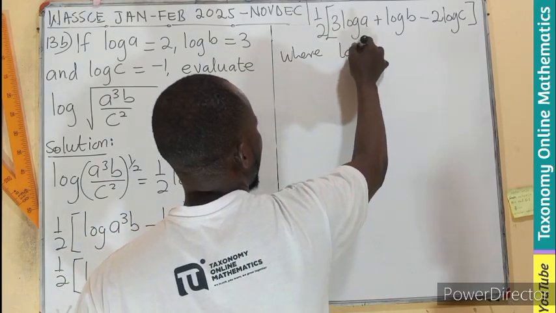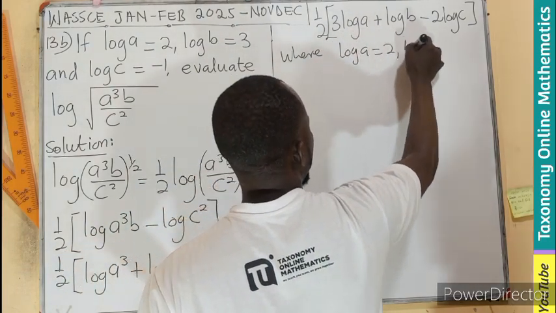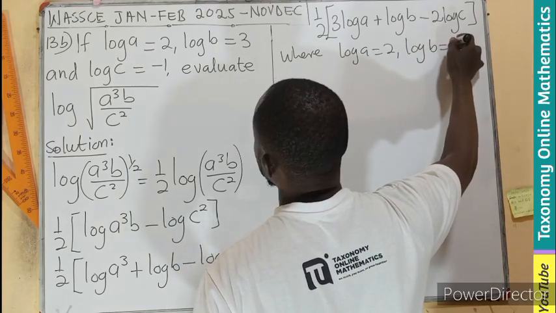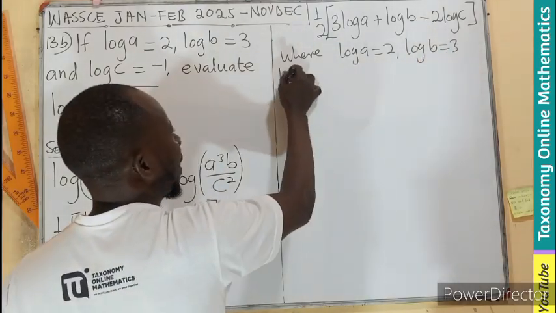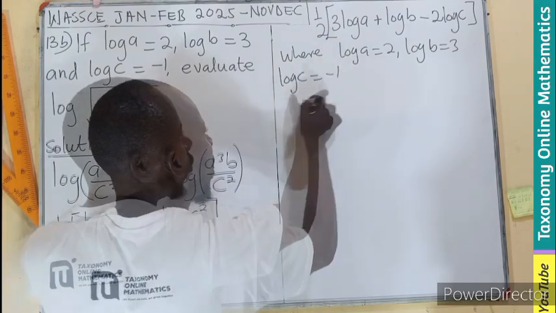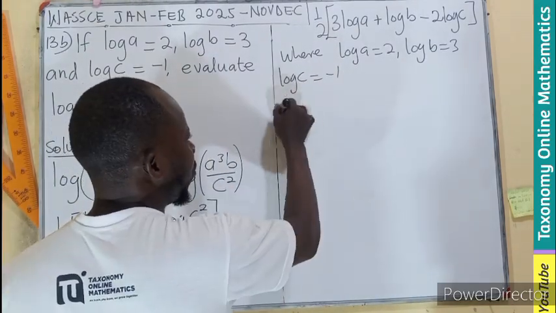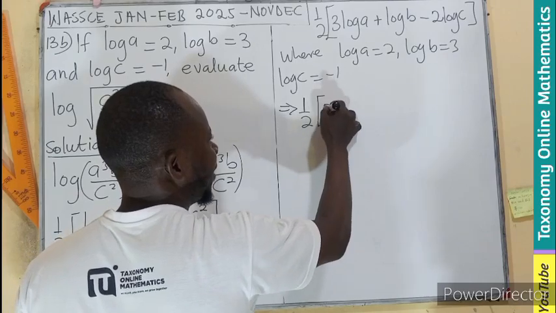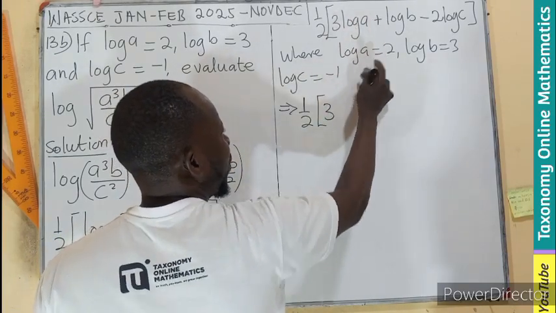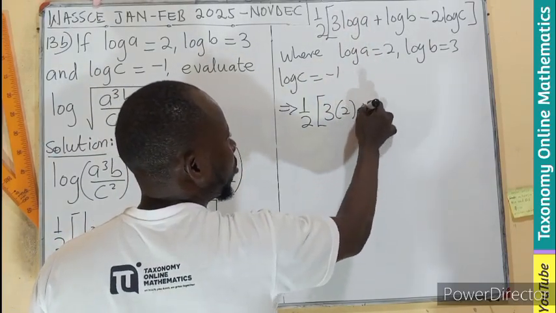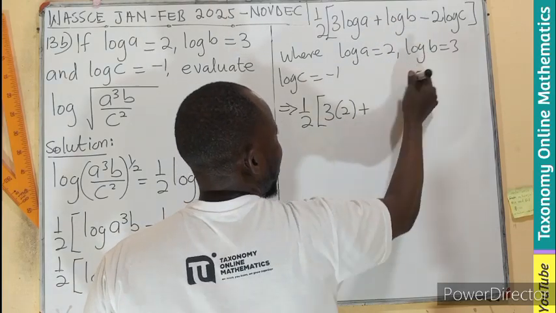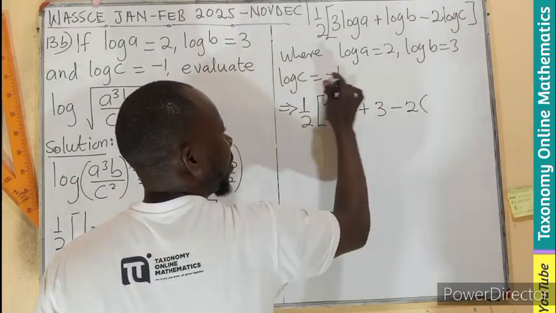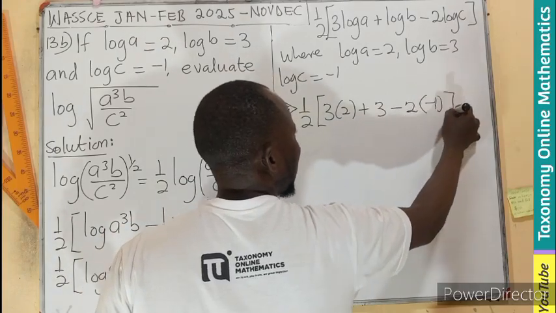So now, where our log a is 2, log b is 3, and log c is -1, per substitution I should have 1 over 2 multiplying 3 log a, which is now 2, plus log b, which is now 3, minus 2 log c, which is now -1.